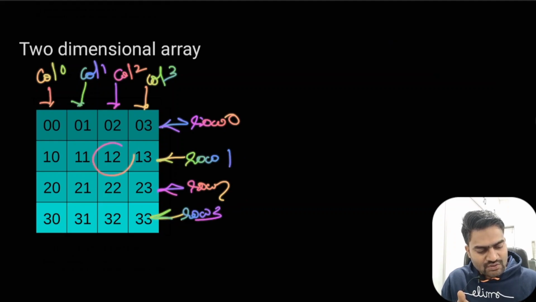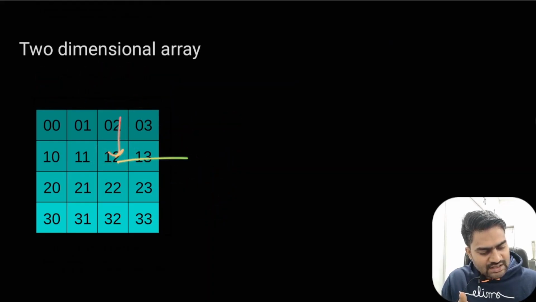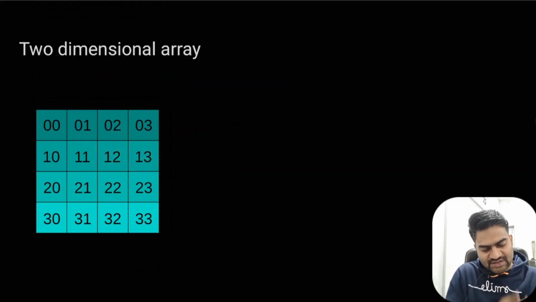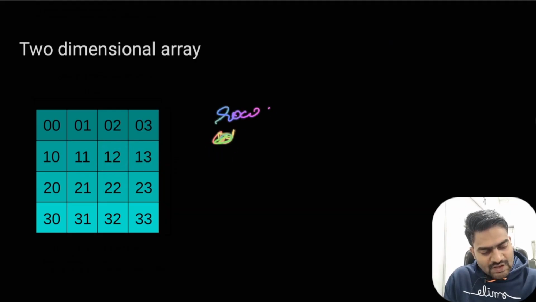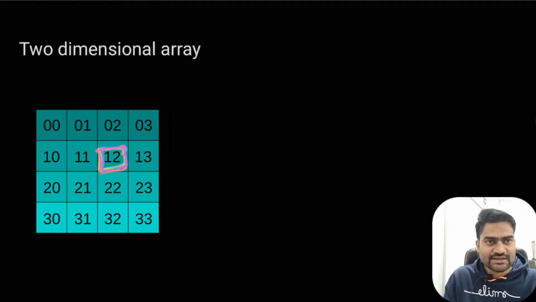This particular element belongs to row 1 and column 2, because this is 0 and this is 1. That's why it is row 1 and column 2. That's what is represented in each block here.